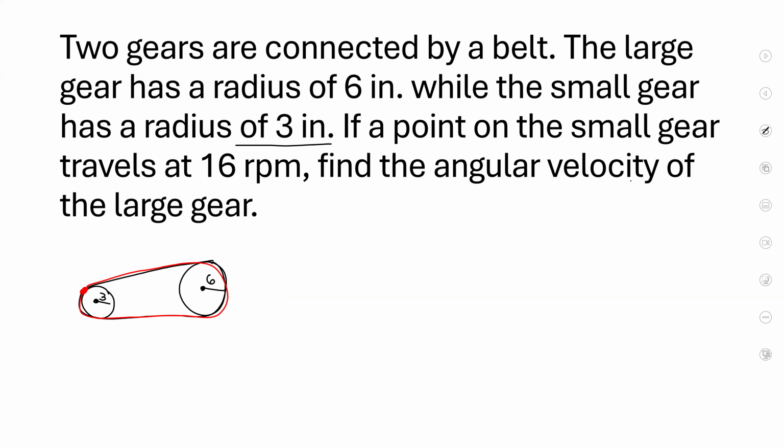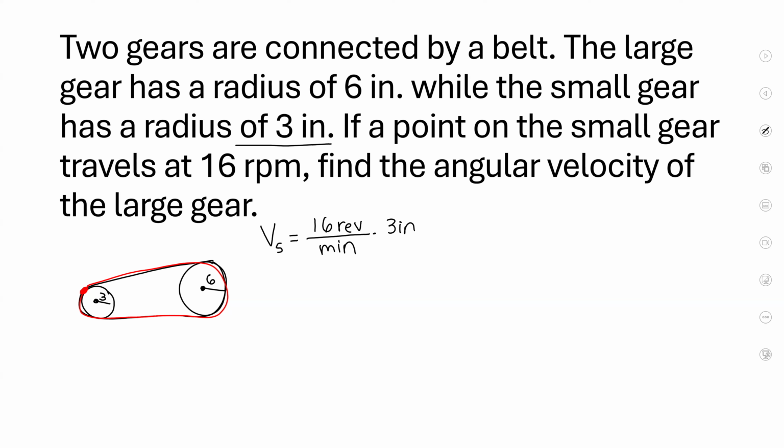I know that the velocity, I'm just going to say S for the small one. So for the small one, the velocity is the angular velocity, 16 revolutions per minute, times the radius, which is 3 inches. That is all the information they gave me for this small gear.